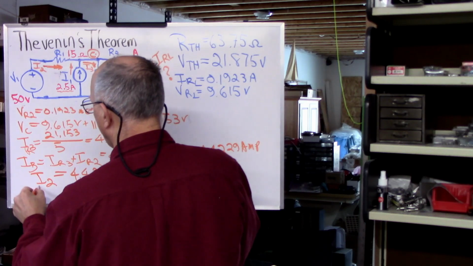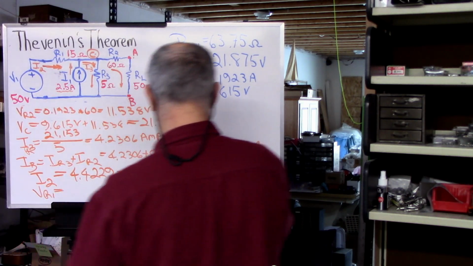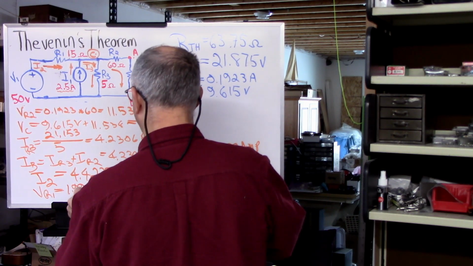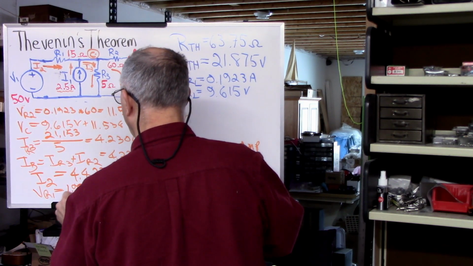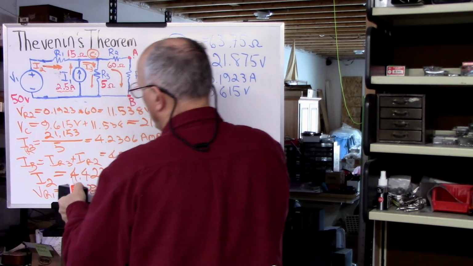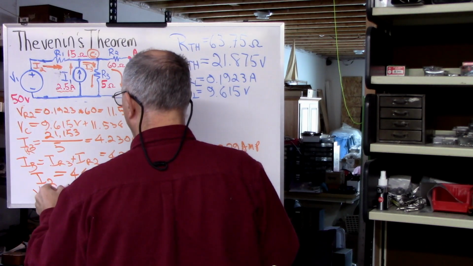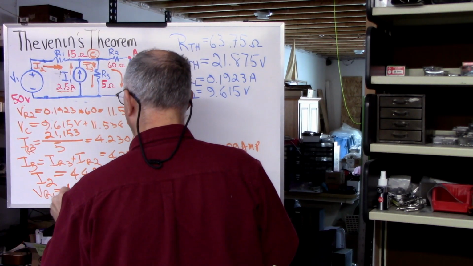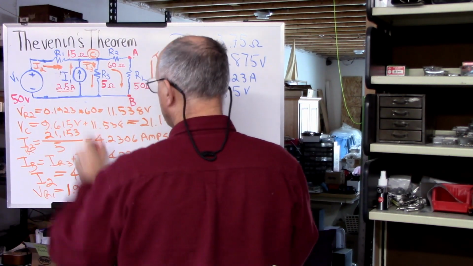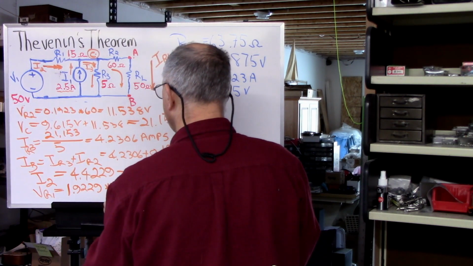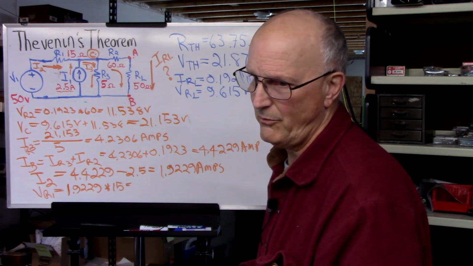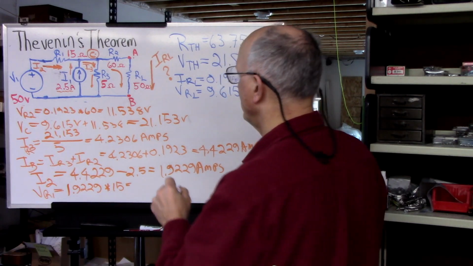So VR1 is equal to 1.9229, which is the current through R1, multiplied by the resistance, which is 15. So VR1 is equal to 28.8435 volts.